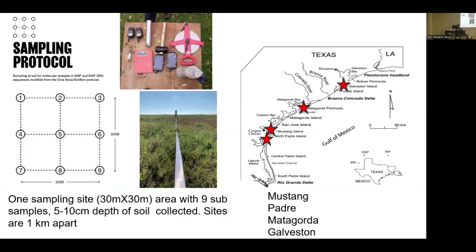And then our sampling protocol is we took one sampling site, which is 30 meters by 30 meters with 9 subsamples, collected at 5 to 10 centimeters depth of soil. And then we homogenize the soil samples, and that would be our one site. Each site is 1 kilometer apart, so we would just hike 1 kilometer apart.